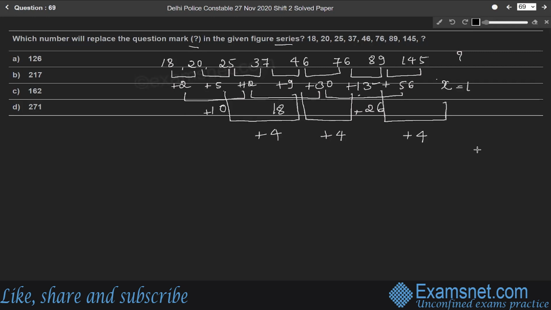So x must be 17, right? So here the difference between 145 and some number is 17. Therefore, this number is 145 plus 17, that is 162, right? Therefore, the answer is 162.